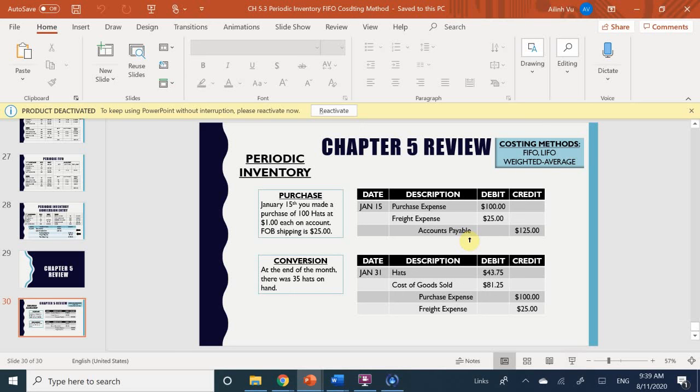But the actual calculation is something I cannot technically have a review for, because it is ultimately understanding what the question is asking at hand and how to calculate it. So first in, first out, meaning you're going to get rid of the first items that you purchase, all right? And that's what we're going to be focusing on.